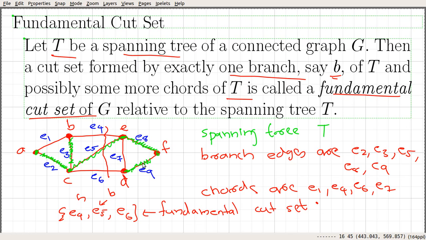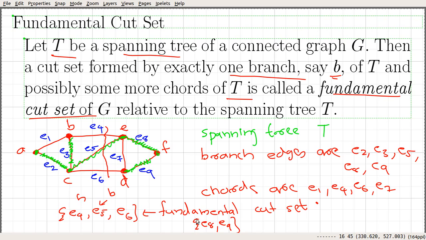Whereas if you look at this set, E8 and E9. If you delete these two edges, the graph becomes disconnected. If you delete any subset, that is only E8, the graph is still connected, and if you delete only E9, the graph is still connected.